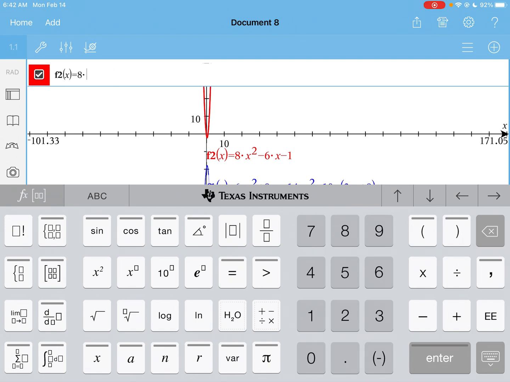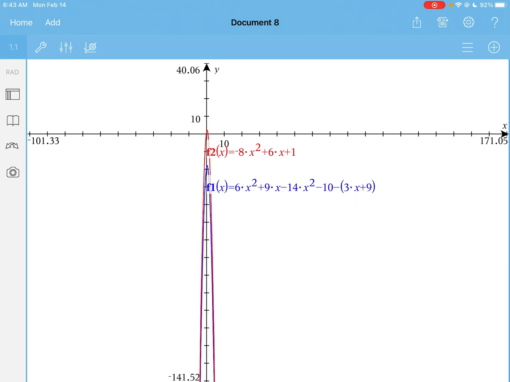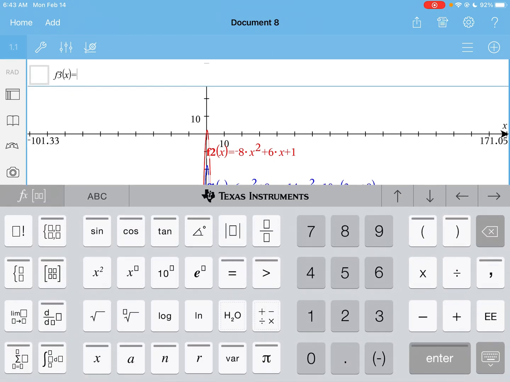Move on to answer choice C. Hit tab, go up, erase. I have negative 8x squared plus 6x plus 1. Press enter. Notice it is not the same. Hit tab, go up. Let's type in the second one.